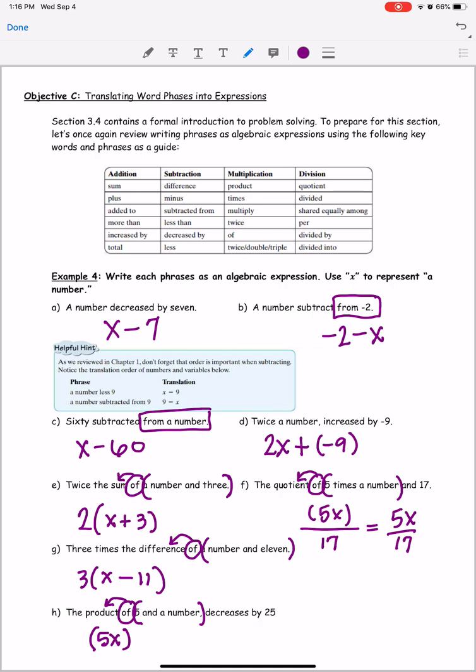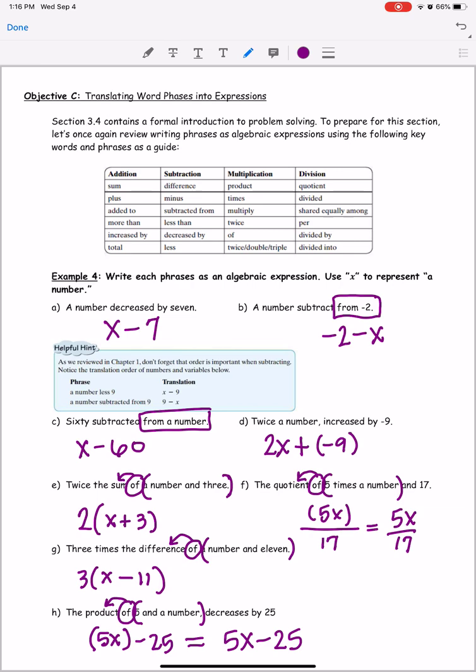Decrease means minus, so minus 25. Now again, just like with this parentheses here, it doesn't really do anything that we absolutely need to keep. So this is the same as just 5x minus 25. Either is 100% acceptable.